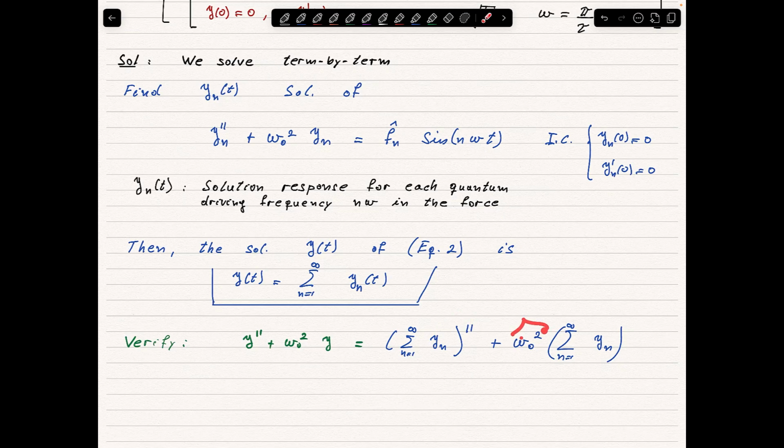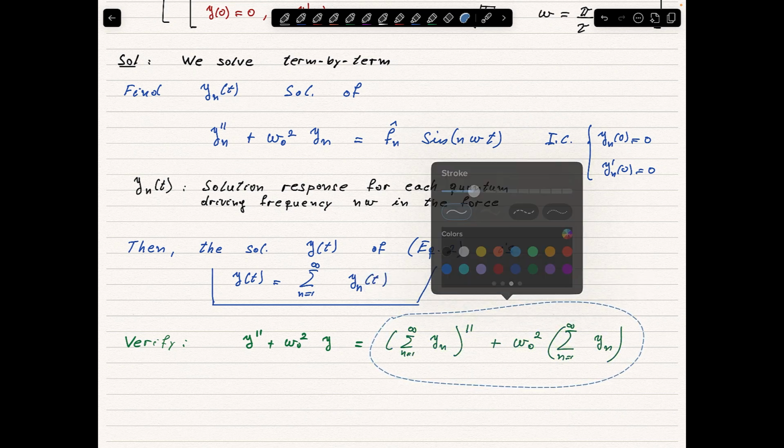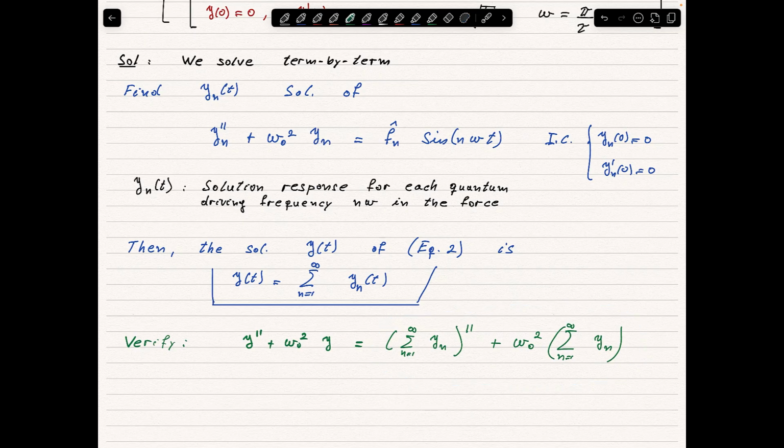And this factor, we can write it inside. So we have one single sum. And then we can write all this as a single sum of the second derivatives plus omega 0 squared, the original individual response terms.